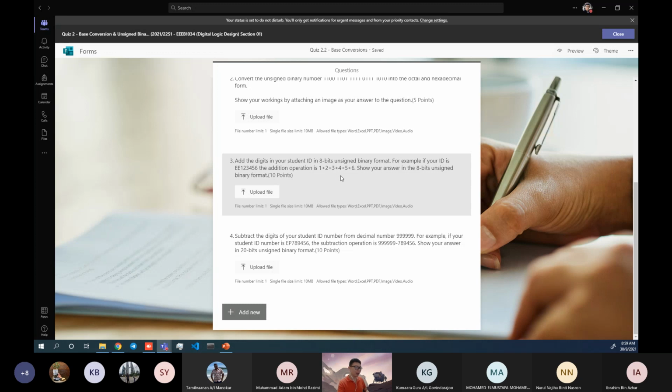Okay. And the last one is subtraction. Let's say your ID is EP something something, and then you're supposed to take the number 999999 and subtract your ID from it. Some of you also messaged me, what if my ID is not 6 digits? Of course you can always add one more digit to your 999999. If your ID is longer than this, then you can add one more 9 over here to do the subtraction.